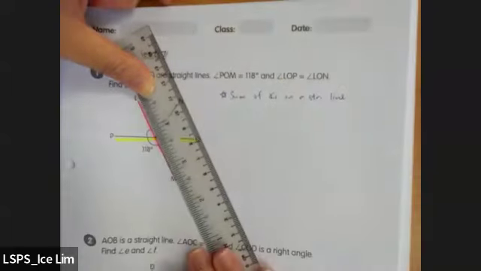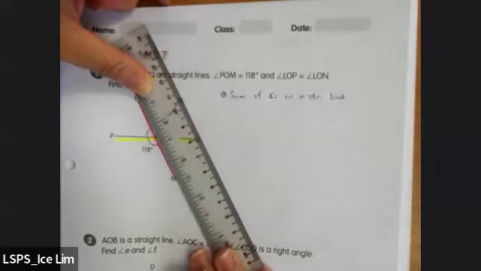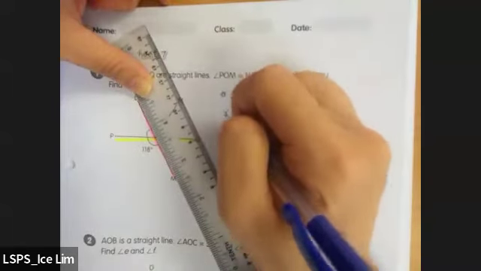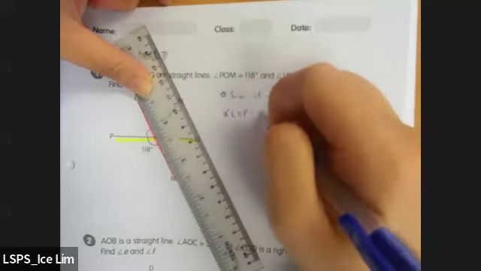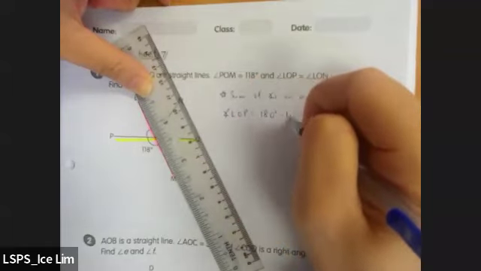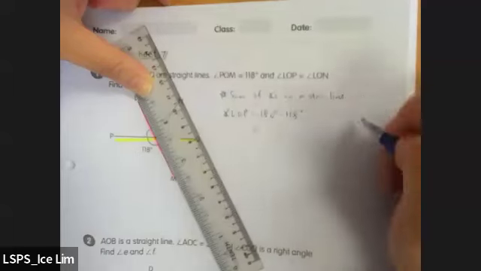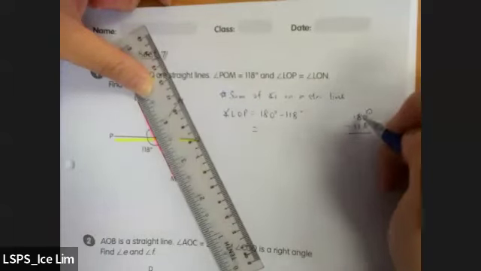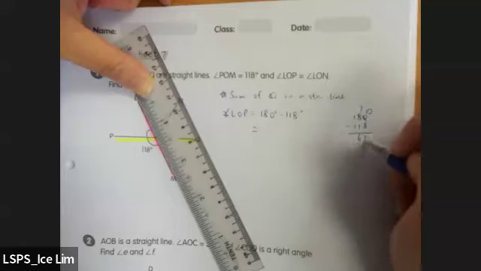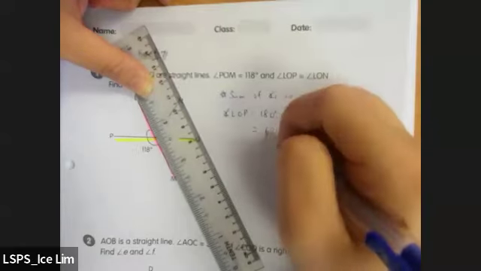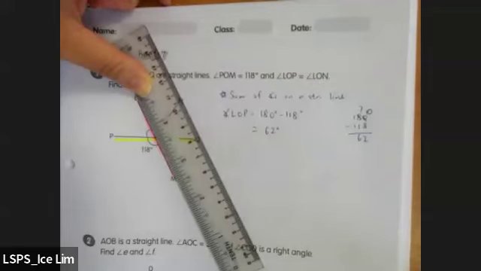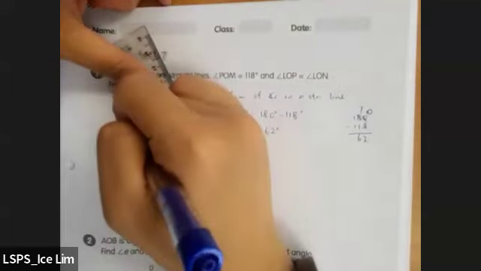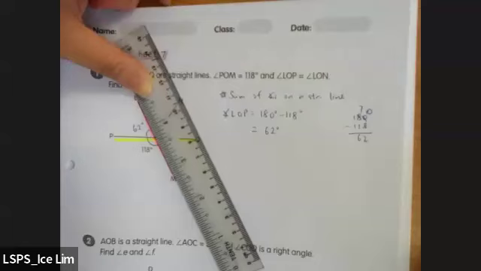This is the first property I used, the first rule. So I found angle LOP by using 180 degrees minus 118, which will be 62 degrees. So I can find this is 62.